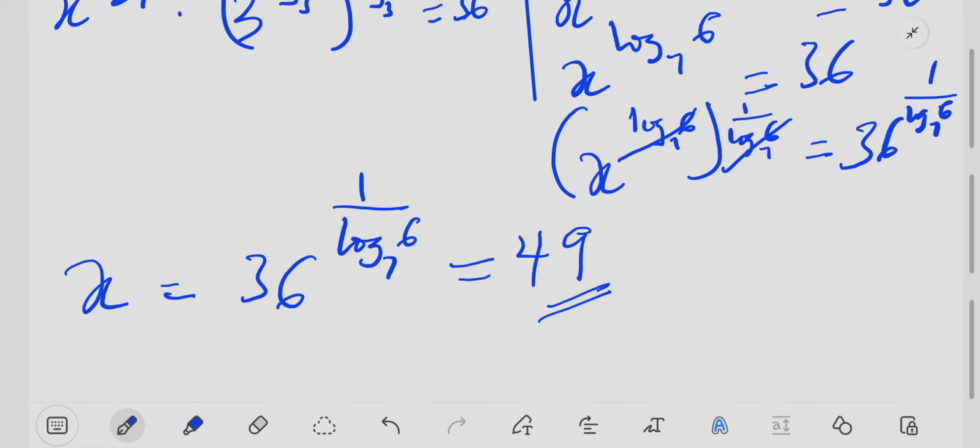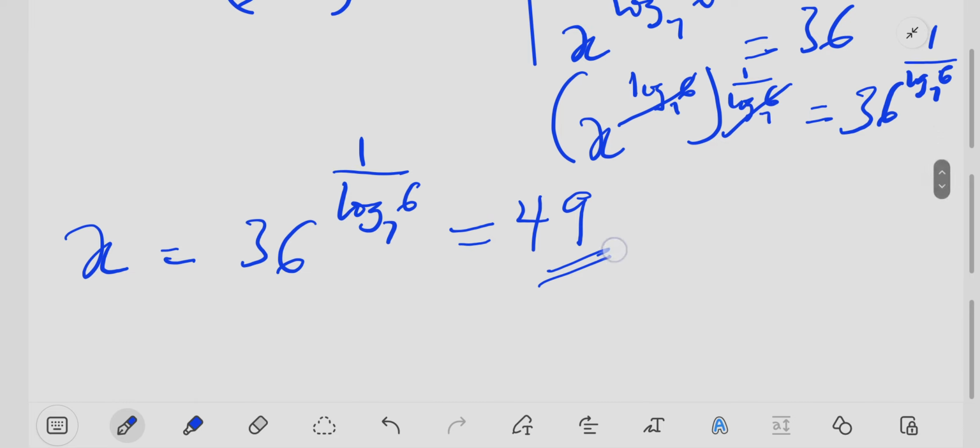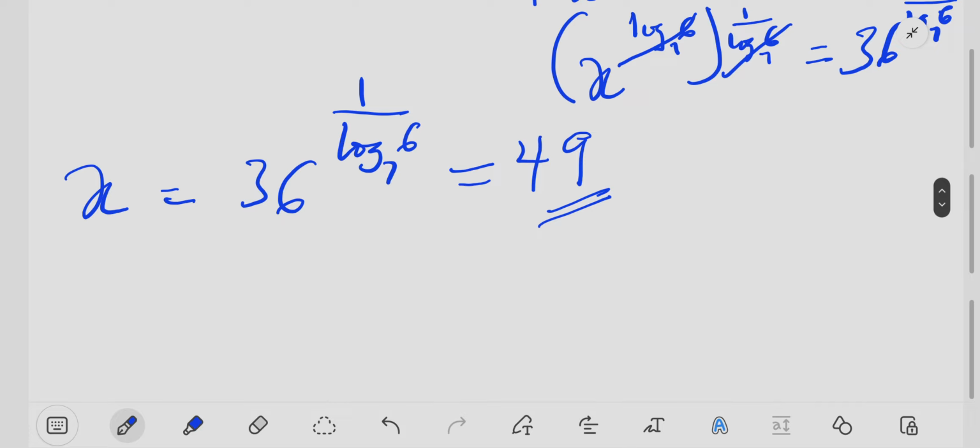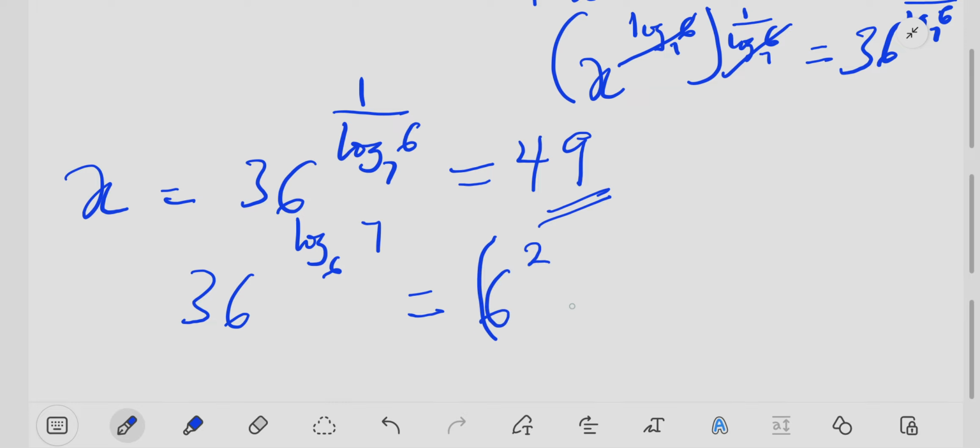But if you still want us to go through the process to know why we had 49, then that's fine. So we want to change this to a base 6, right? So that's going to give us that. Okay, and we can write this as 6 squared, right? And the whole of this raised to the power of that.